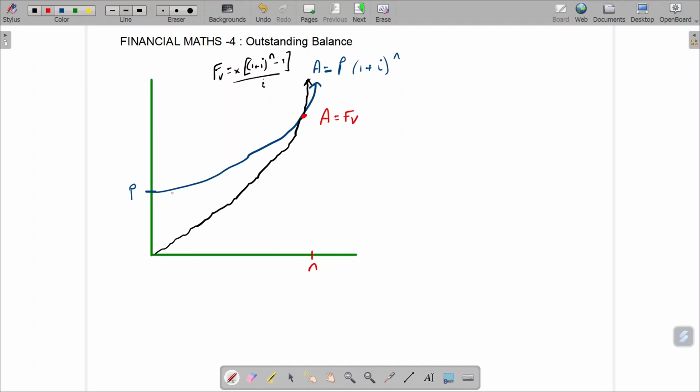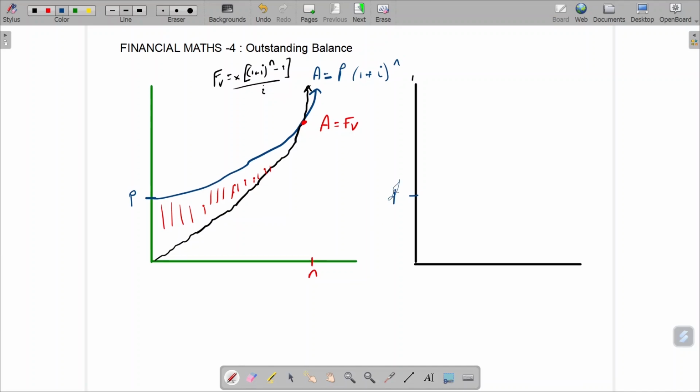Now, what I wanted to look at today is what this part of the graph actually looks like. If we looked at that part of the graph, which would be this picture, in terms of the same values we've got, we'd be purchasing the thing for the value P, and we know it's going to take n years to pay it off.